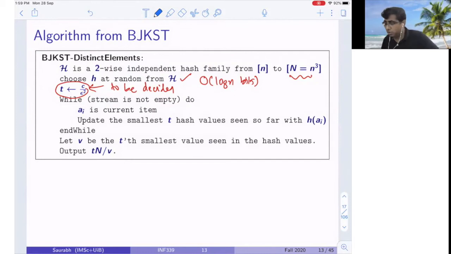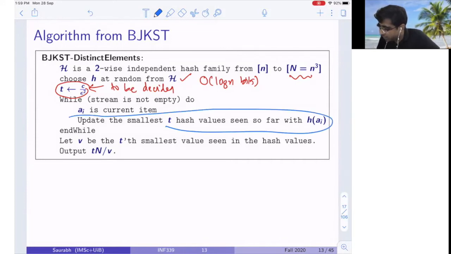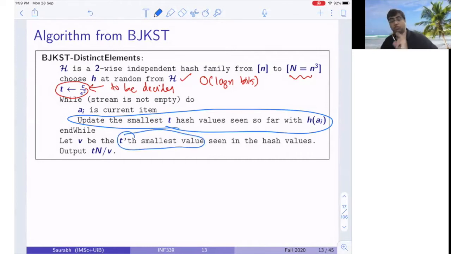But now we will keep the t smallest hash values seen so far, and rather than returning the smallest hash value, we will return the t-th smallest hash value. Okay, so these are the two basic differences.